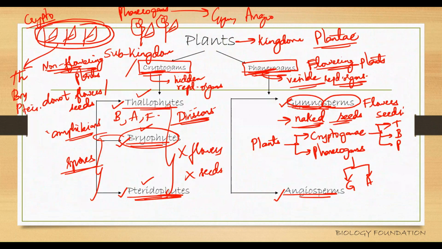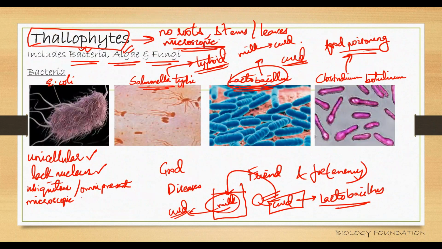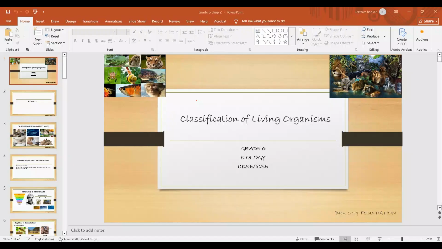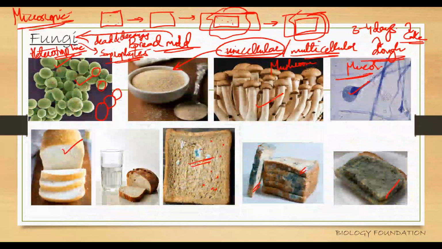Cryptogams are again further classified into Thallophyta, Bryophyta, and Pteridophyta, whereas phanerogams are classified into gymnosperms and angiosperms. Okay, so basically, this Thallophyta includes bacteria, algae, and fungi, where we have discussed in detail about the characteristics of bacteria, algae, and fungi, right?